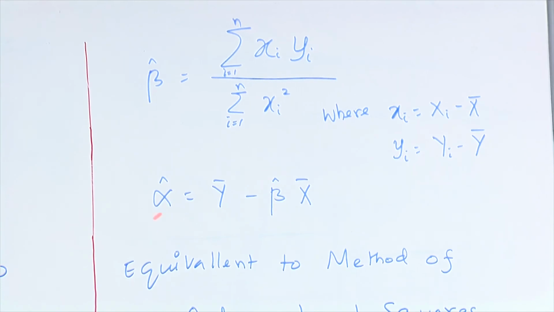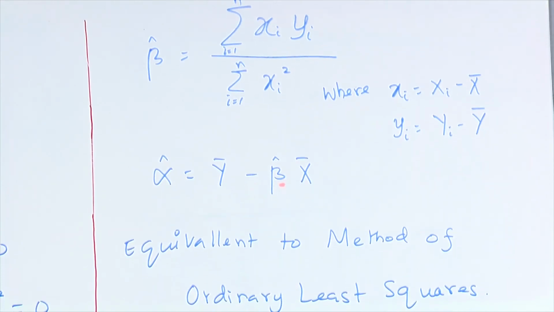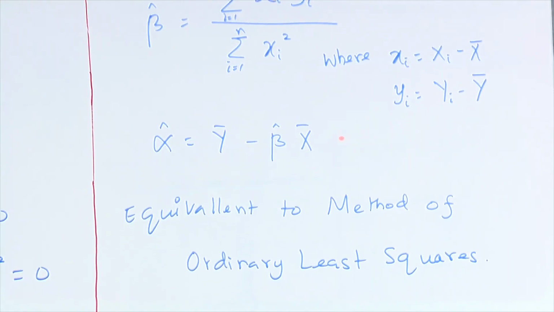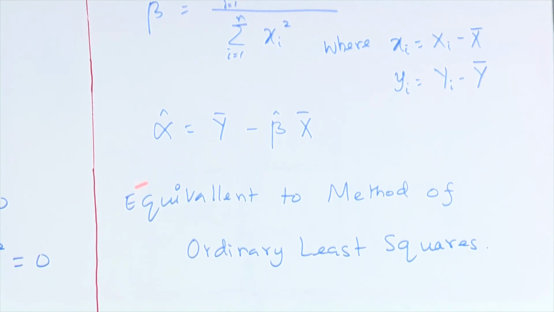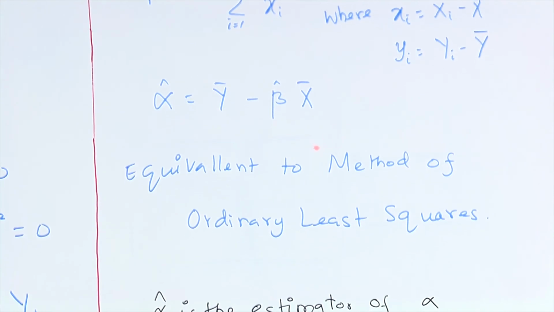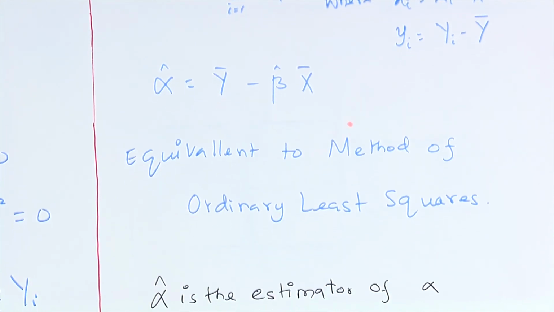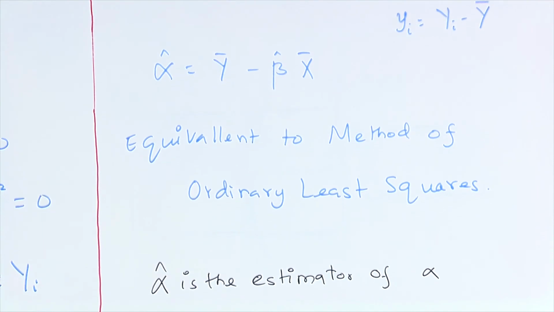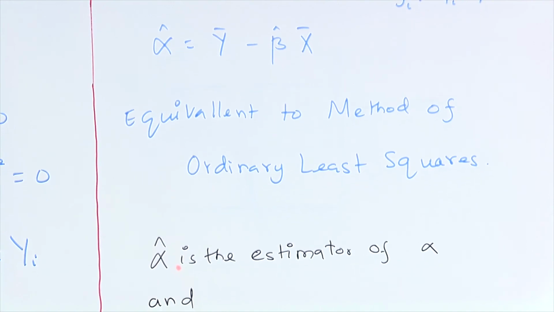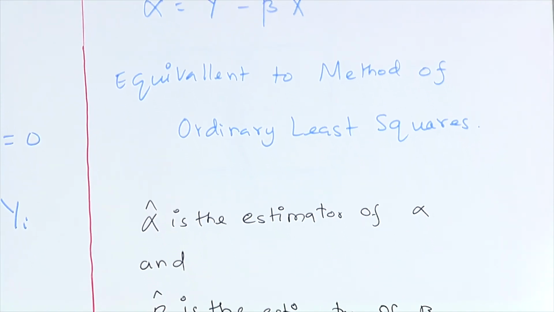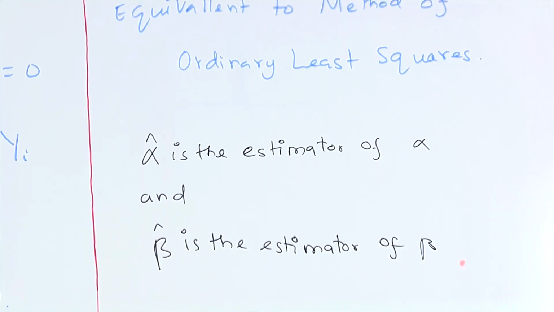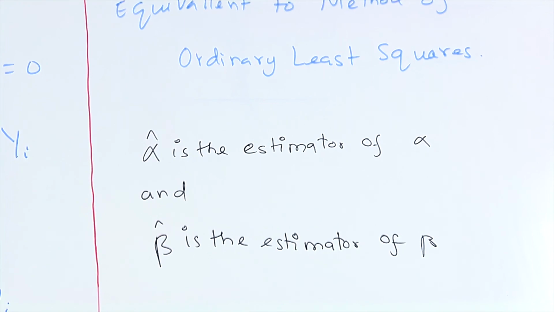Now, alpha hat is nothing but y bar minus beta hat x bar, which is derived from the first normal equation. In this case also, the method of moments gives very similar results to the ordinary least squares method. Again, I want to stress that alpha hat is taken as the estimate of alpha and beta hat is taken as the estimate of beta in this case.